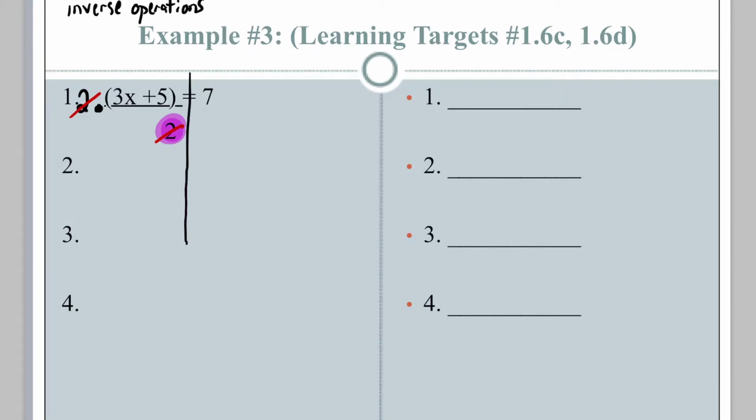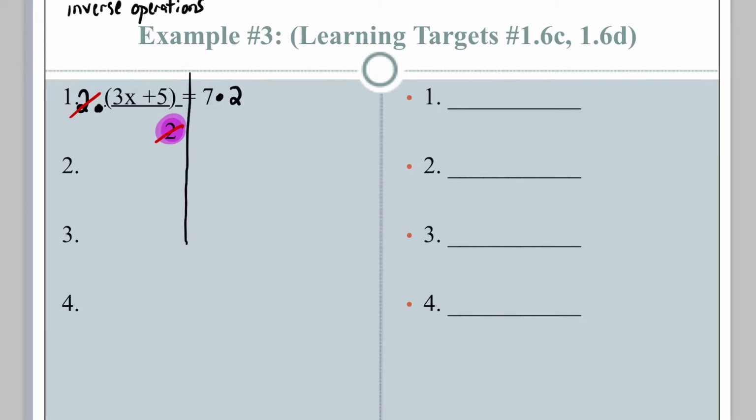And then our identity property of multiplication tells us that anything multiplied by 1 is its value. And so that will leave us with 3x plus 5 on the left side. But I multiplied by 2 on the left side, so I need to multiply by 2 on the right side of the equation.